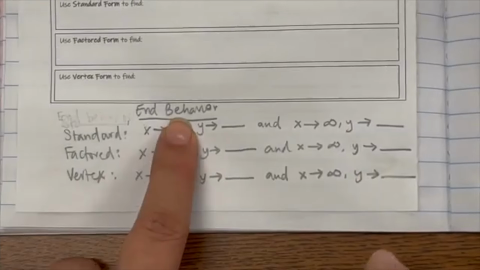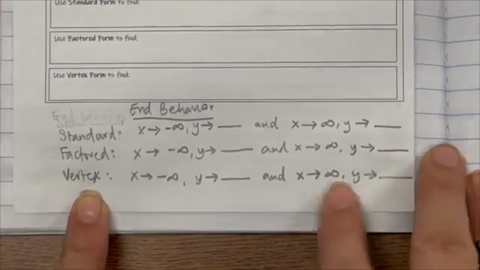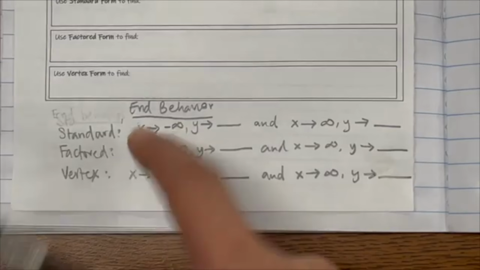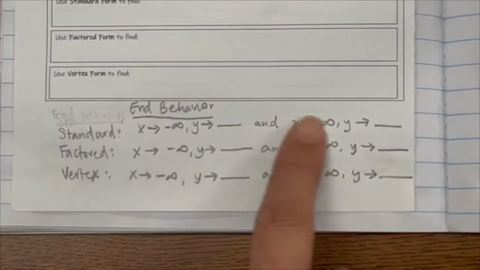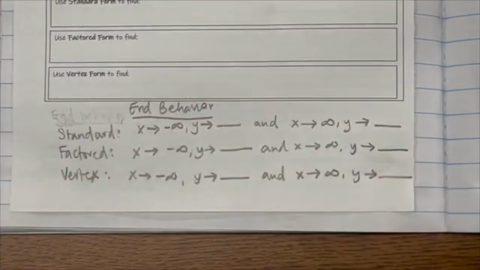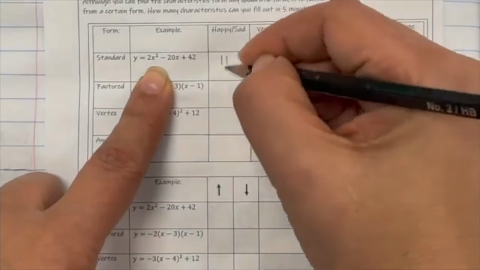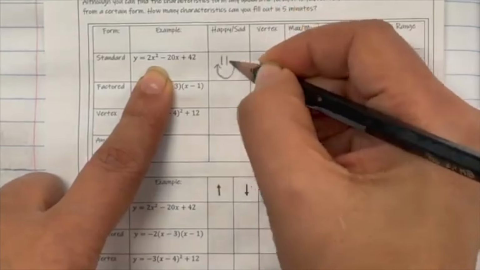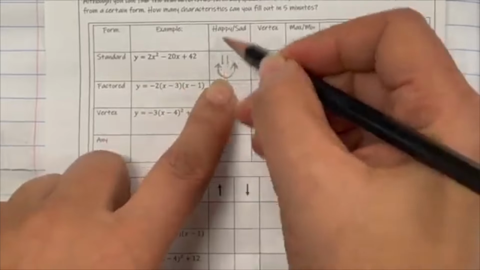We're also going to look at what is happening at end behavior in our standard, factored and vertex form. So as x is going to negative infinity, that means x is going this way to the left. What's y doing? As x is going to positive infinity, that means x is going this way to the right. What's y doing? Okay, so knowing that our standard is a happy face, my end behavior is that no matter whether x is going to the left or right, y is going towards the top, which is positive infinity.